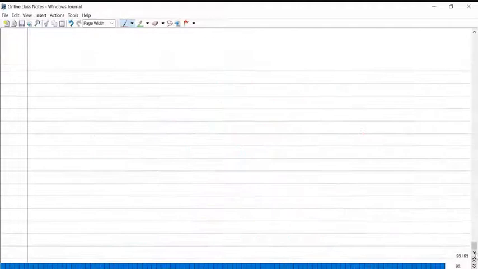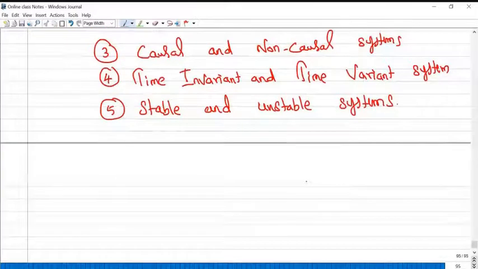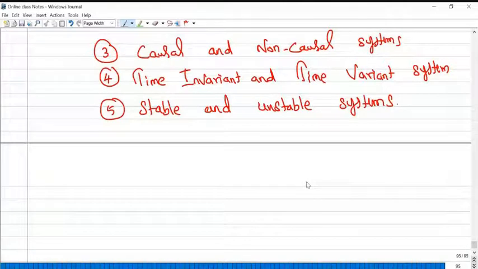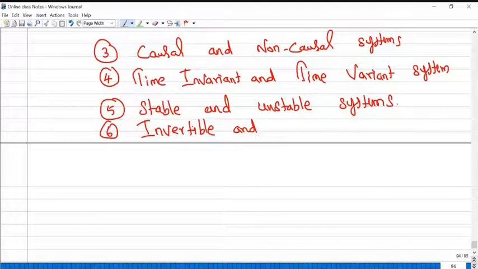What system is missing? Just 1 minute. Invertible and non-invertible.